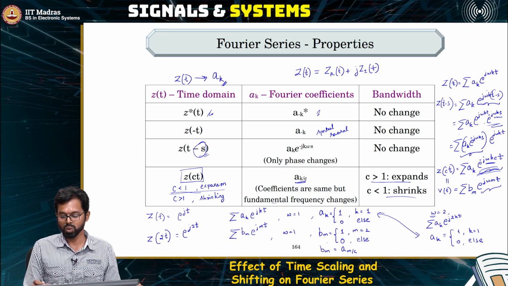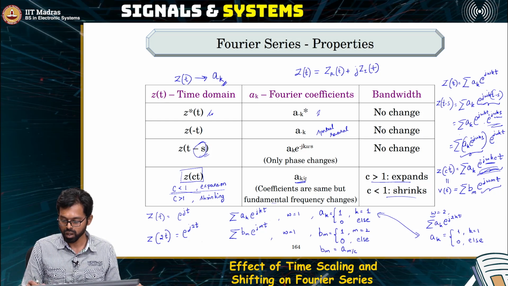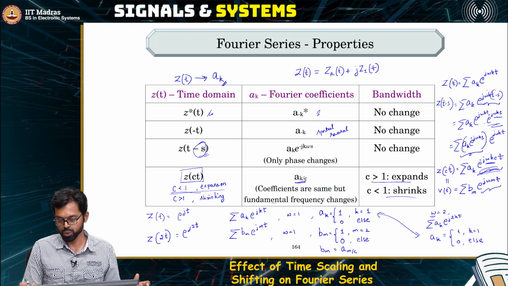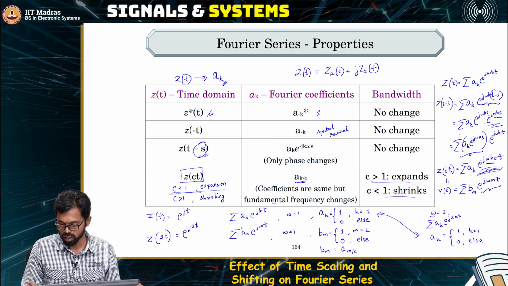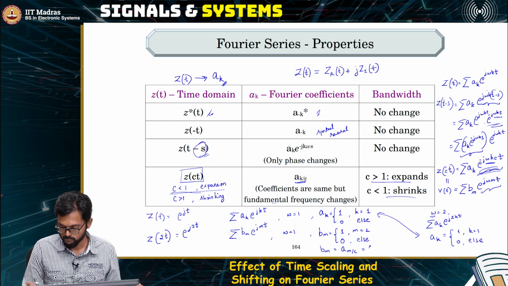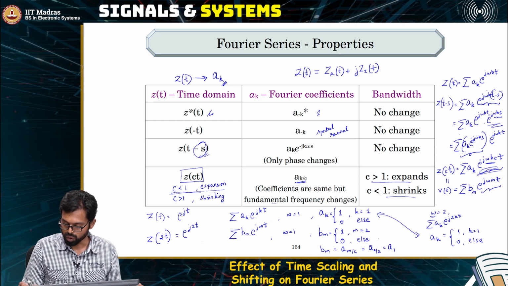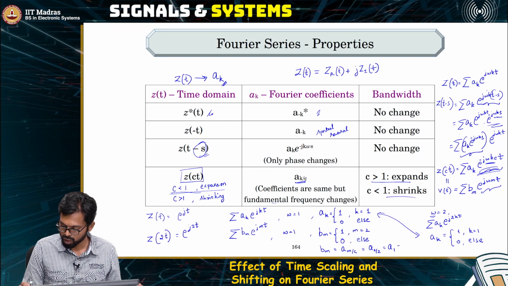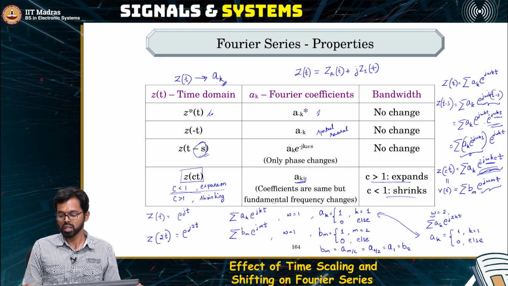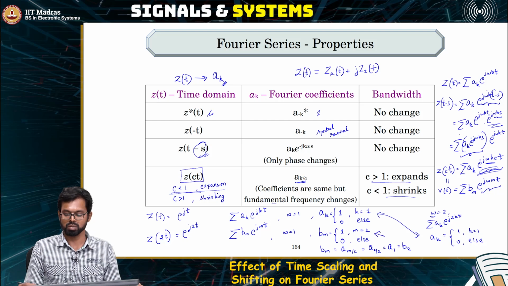So for m is equal to 1, we have a 1 by 2 which does not exist. So when m is equal to 2, we have 2 by 2 which is equal to a 1 for m is 2. That is exactly what we got here.